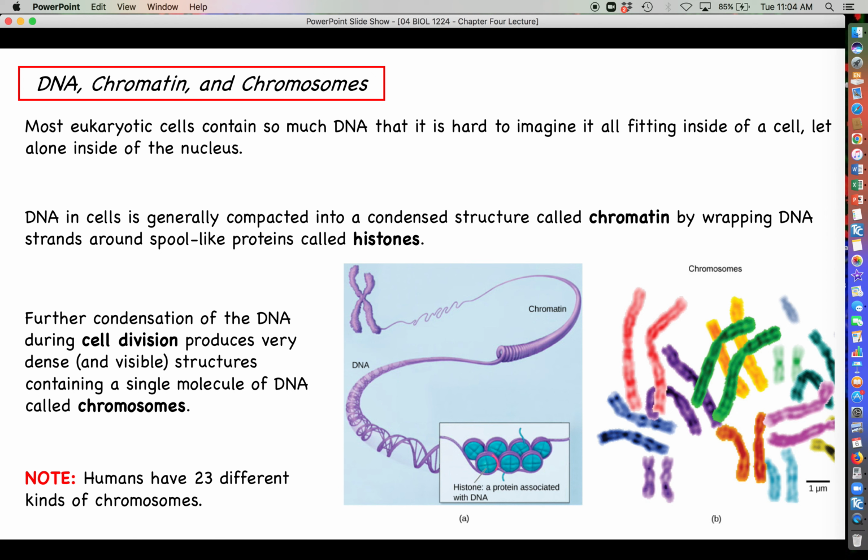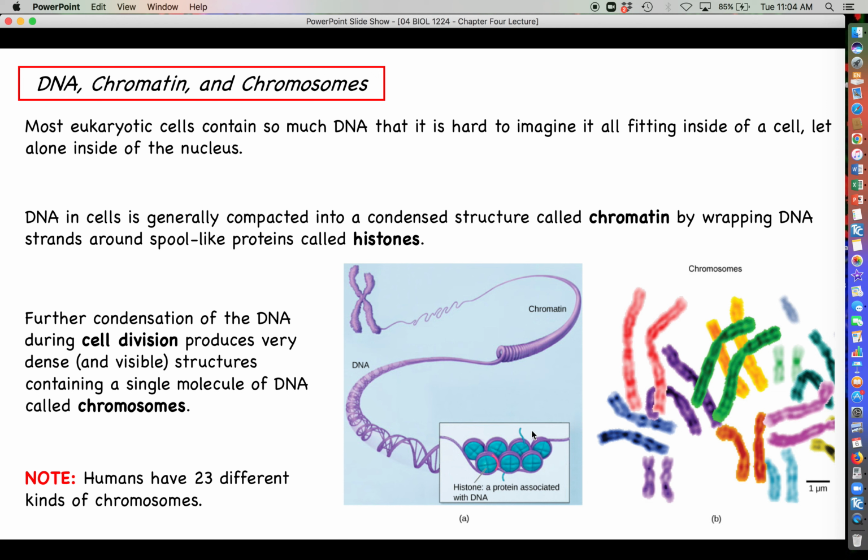The way we're going to do this is we have to compact and condense the DNA into something that has a really high amount of density, but takes up a lot less space. So the way that we do this is that we take individual nucleic acid molecules, so that's a whole strand of DNA, and we condense it into what is called chromatin, which I mentioned on the previous slide, by sequentially wrapping it around these little spool-shaped proteins, which are called histones.